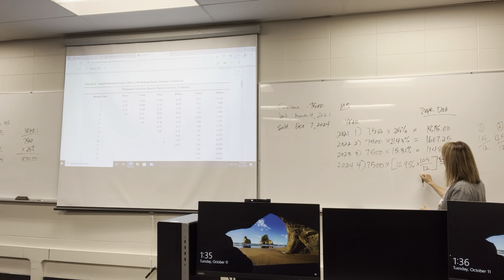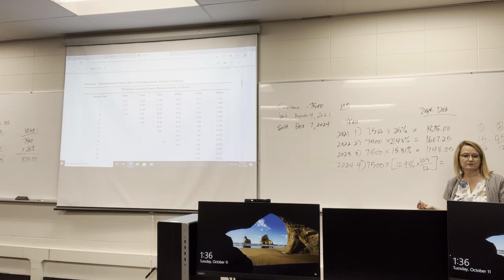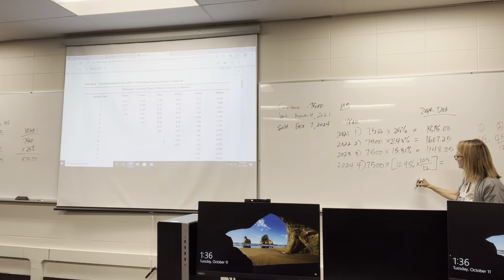So we could do this separately. What's 10.5 divided by 12? Or you could take 10.93 times 10.5 and then divide it by 12. So what percentage does this turn into?